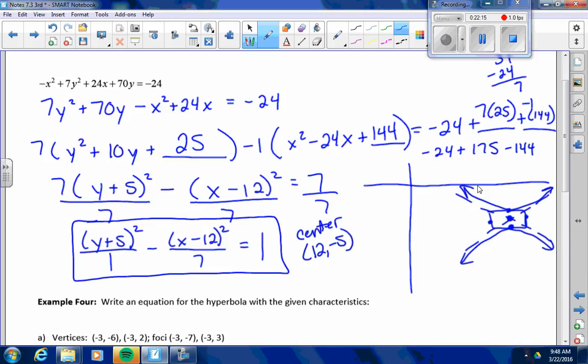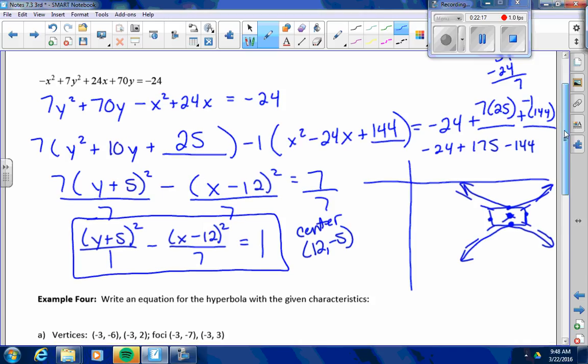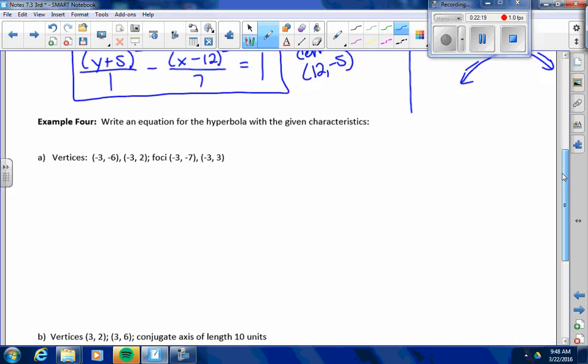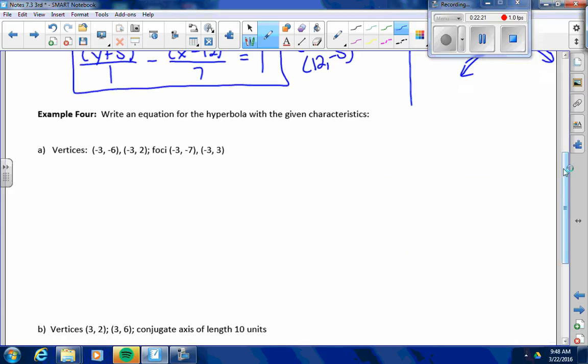Then example 4. On example 4, write an equation for the hyperbola with the given characteristics. We have vertices of negative 3, negative 6, and negative 3, 2, and foci of negative 3, negative 7, and negative 3, 3. So we need to plot our points.